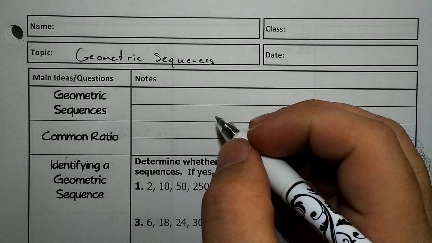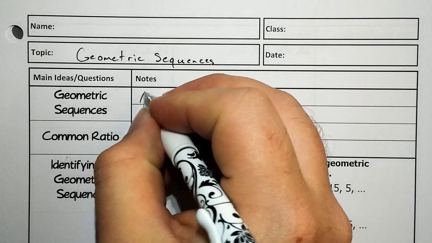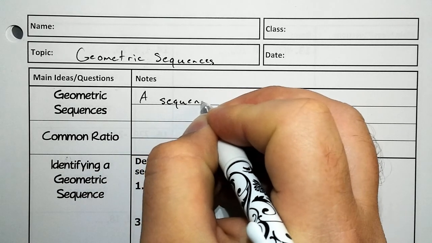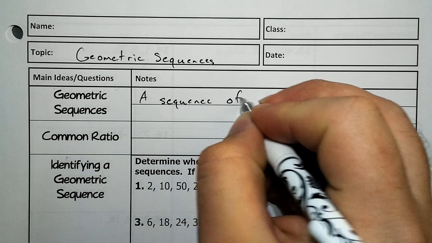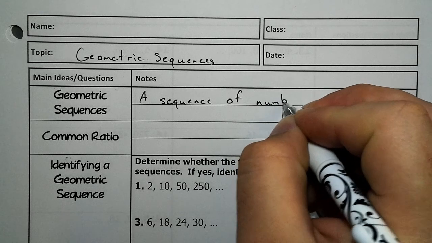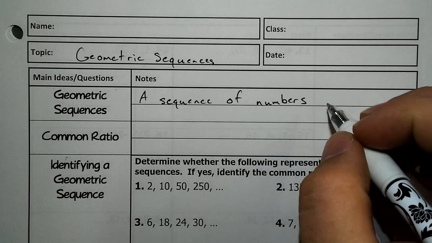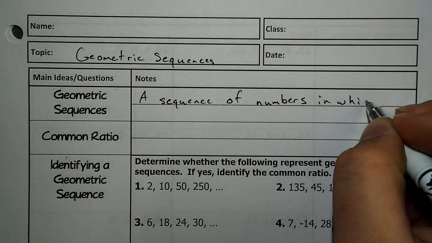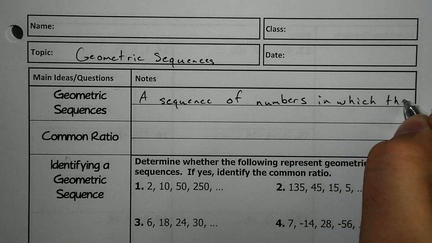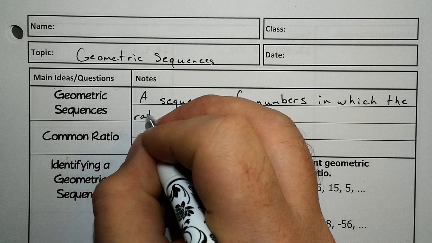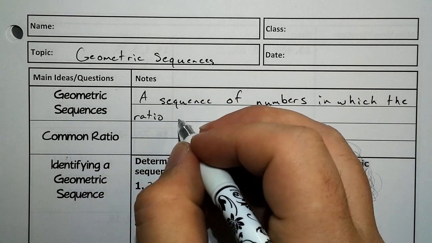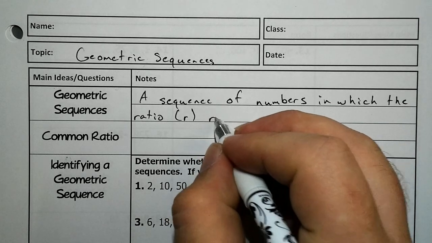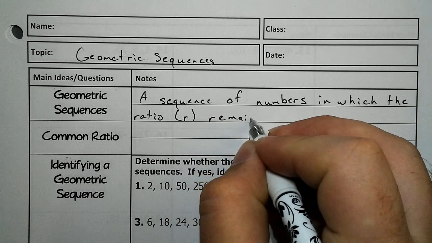So, a geometric sequence is a sequence of numbers in which the ratio, which we'll be using the letter R to represent in our equation, remains constant.